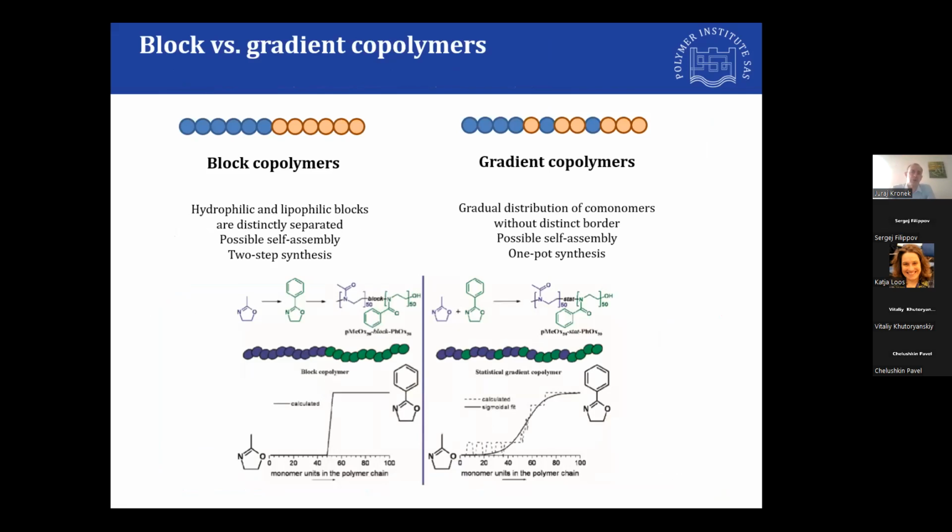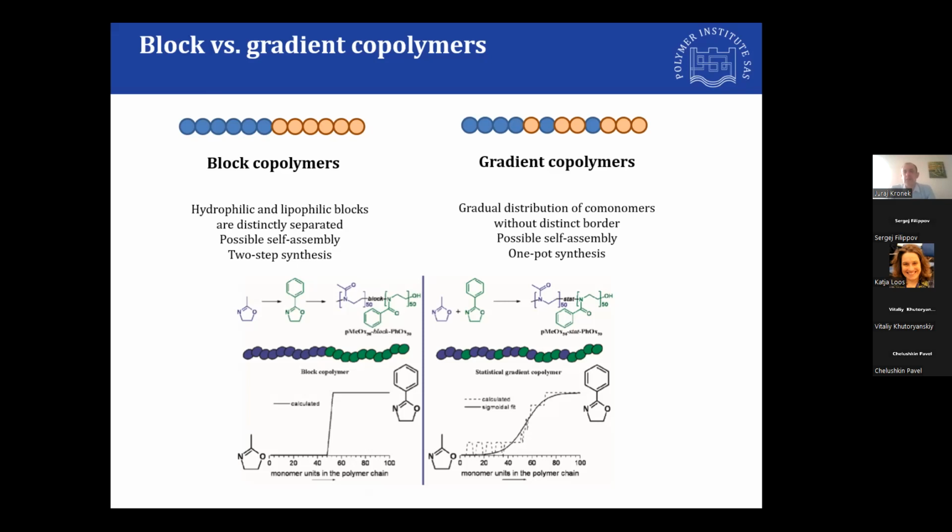Principally, for preparation of nanoparticles, you can use two types of copolymers, which can provide self-assembly. First are block copolymers, traditionally requiring a two-step synthesis, with distinctly separated hydrophilic and hydrophobic blocks.